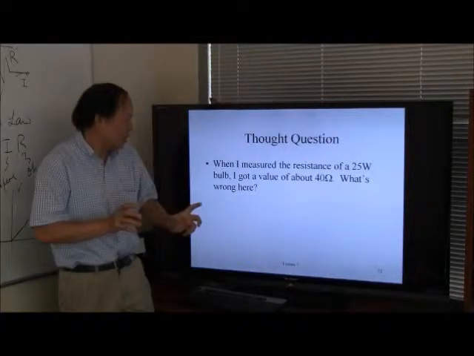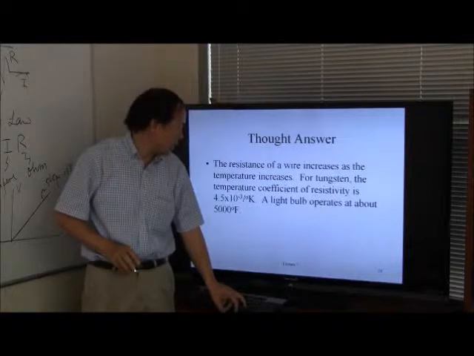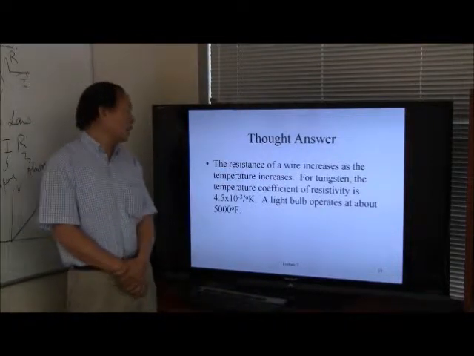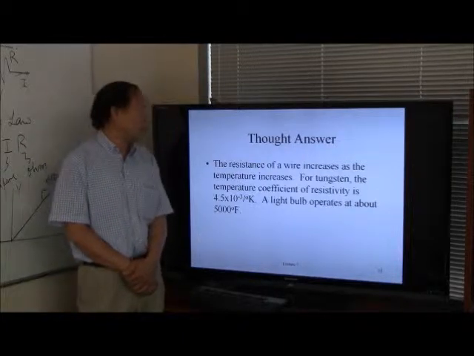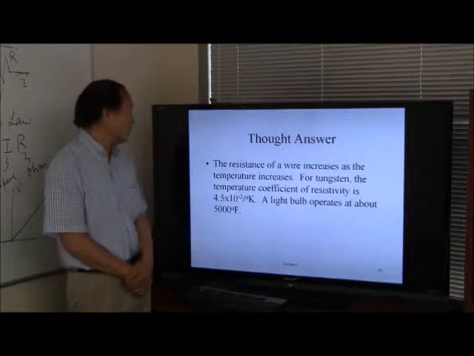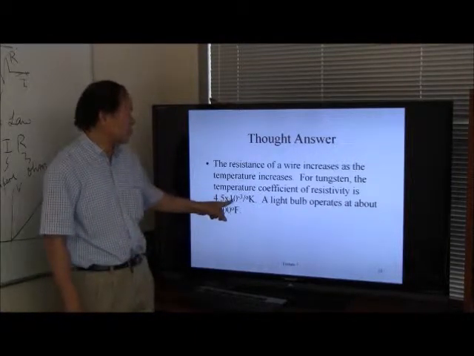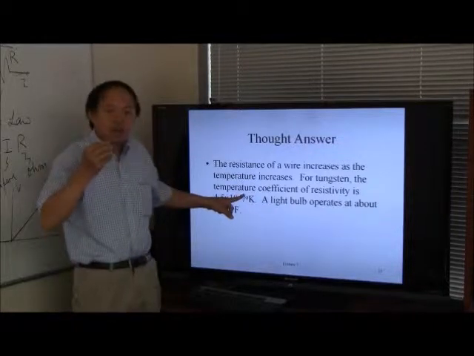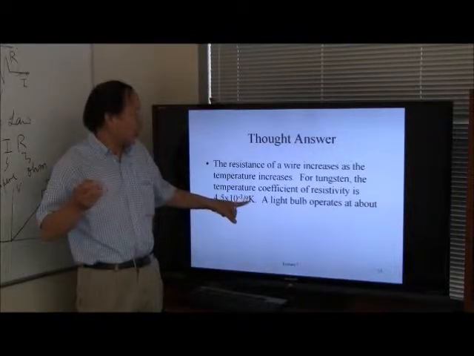So the answer to that question is that the resistance of the wire increases as the temperature increases. For tungsten, the temperature coefficient of resistivity is 4.5 times 10 to the minus 3 increase in resistance per degree Kelvin.